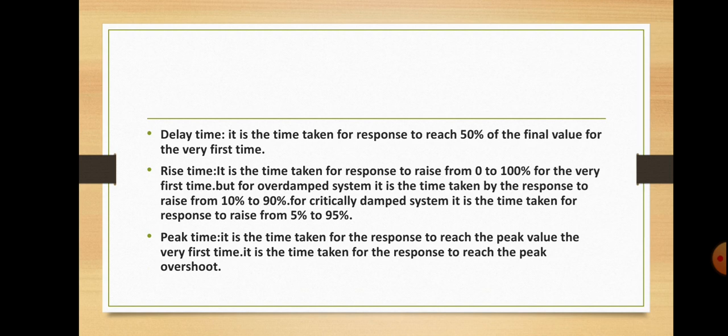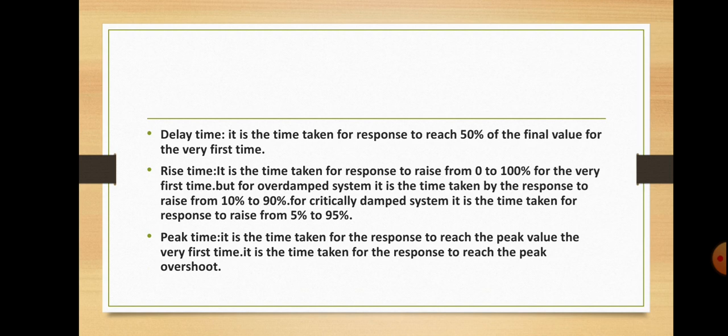You might remember the response curve for the overdamped system. In that case the output does not have an oscillatory nature, but its amplitude will be lesser.